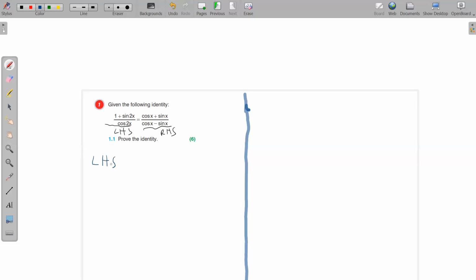Left-hand side, I am starting with the left-hand side. It's the hardest one, but it is very important. 1 plus sine 2x over 2x. We have to reach this one. Okay, of course, you must make it big, sorry.